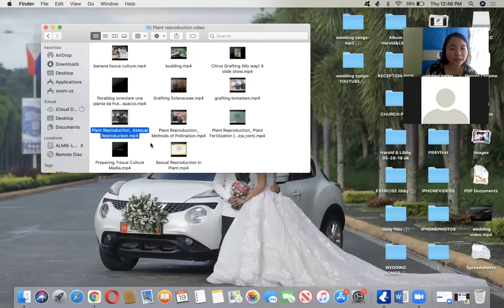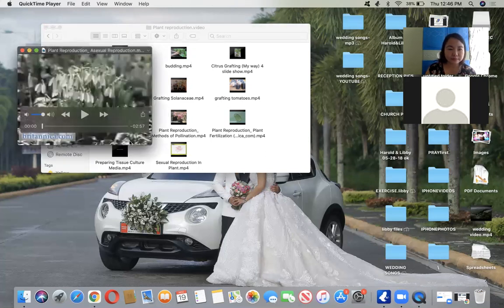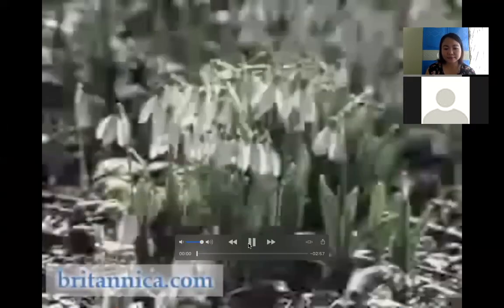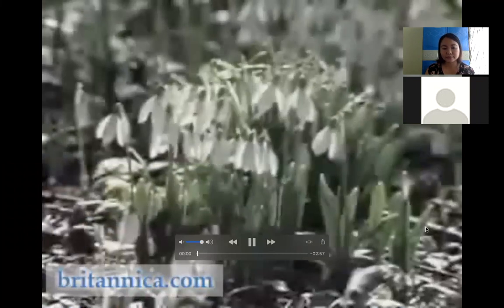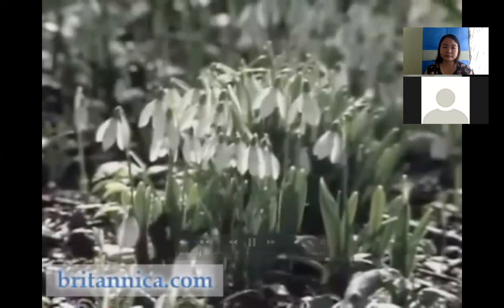Okay, this is about asexual reproduction. After winter has thawed, the first flowers of early spring appear. But these plants have not grown from seeds.